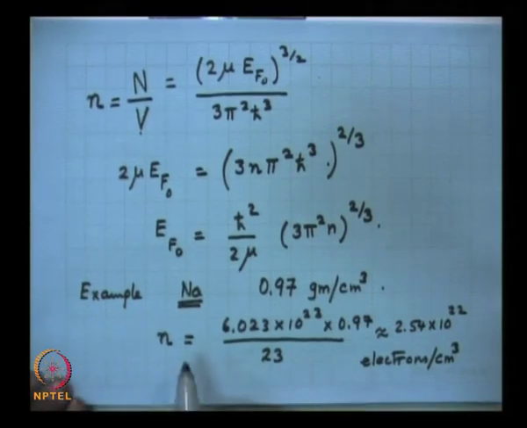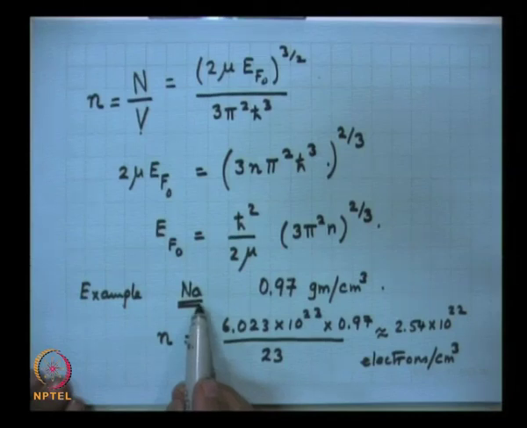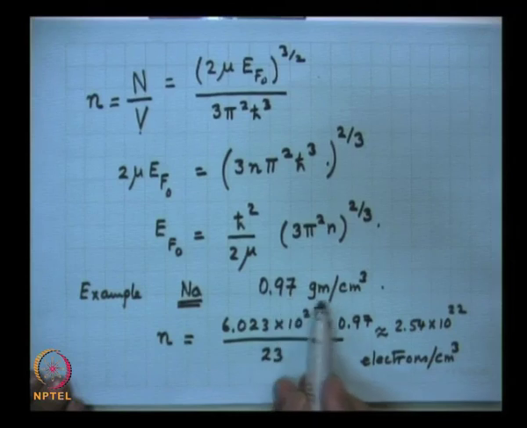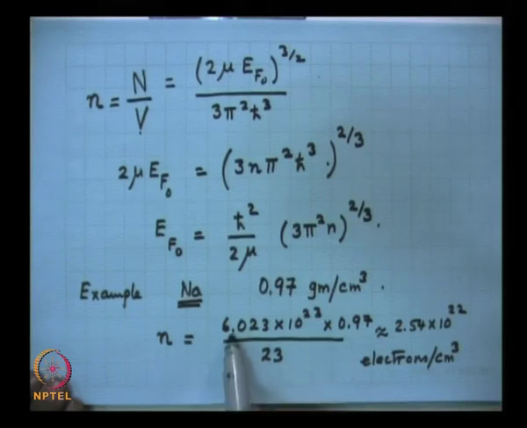So, once again I consider sodium metal, which has a density of 0.97 grams per centimeter cube. 23 grams of sodium will have 6.023 into 10 to the power of 23 atoms. Each atom will have 1 electron.